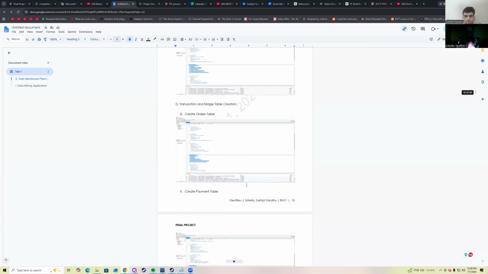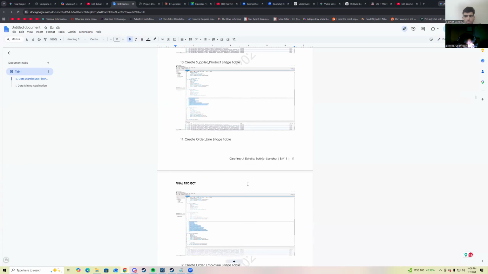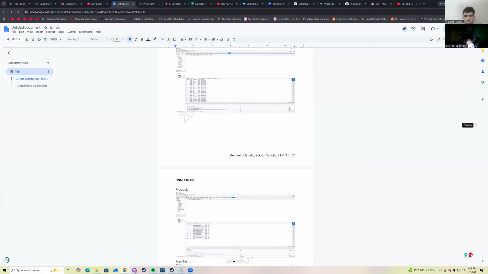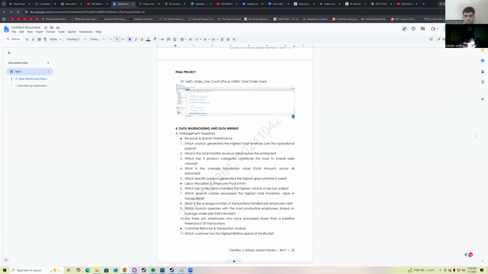Next part is the data warehousing and data mining. Firstly, the management questions.